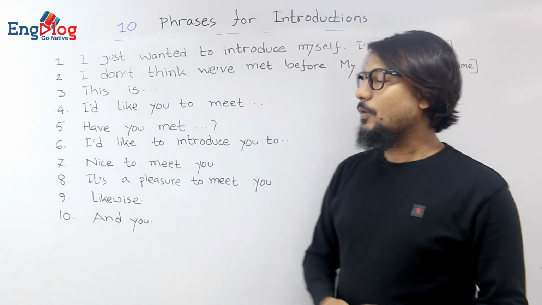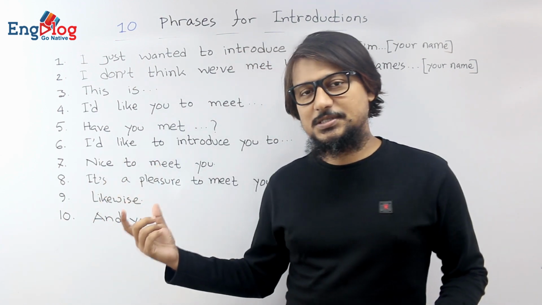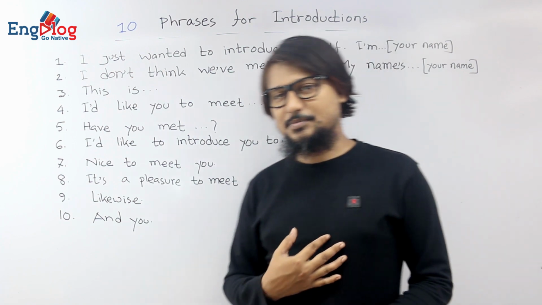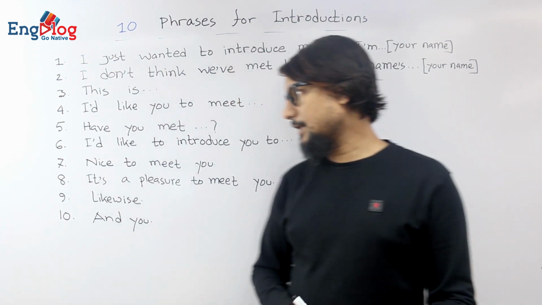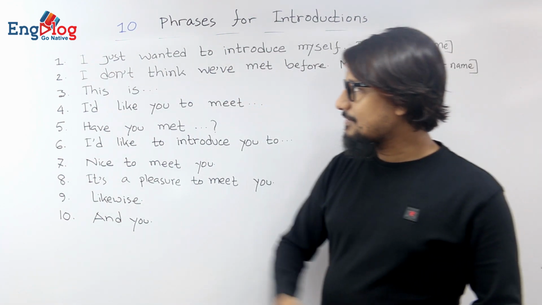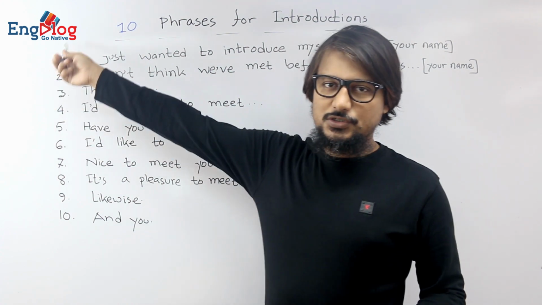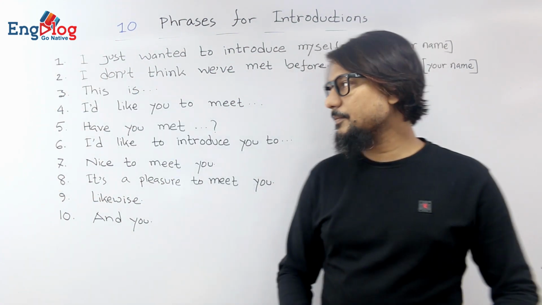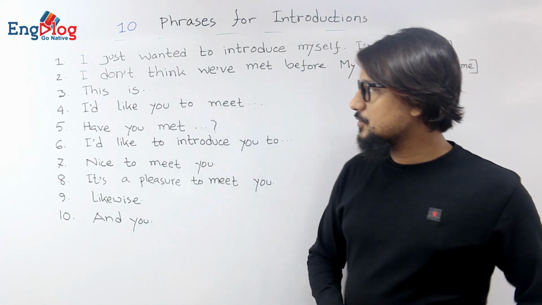Or you could use this phrase for yourself as well, so you could say this is Mac. Well, it's rather informal. So the first two phrases are used to introduce yourself, and number three is to introduce others.